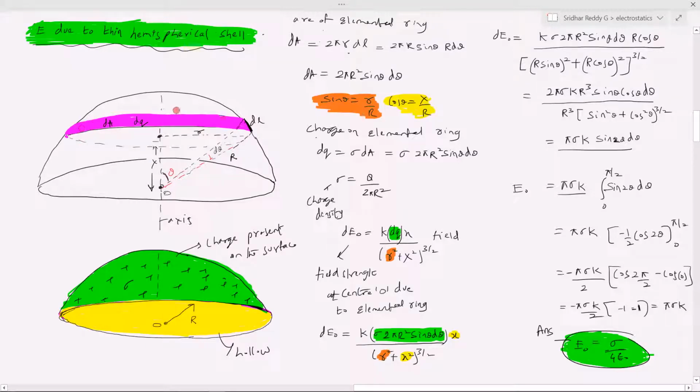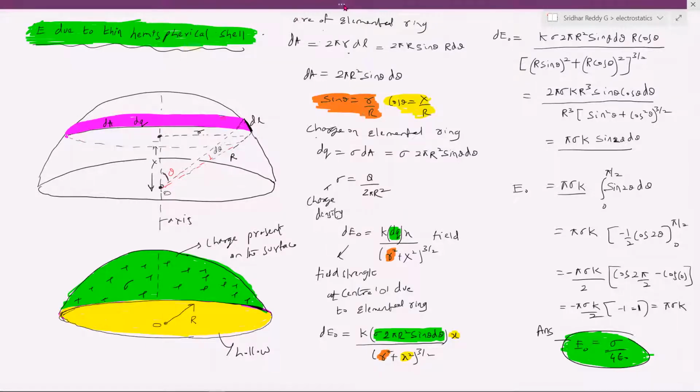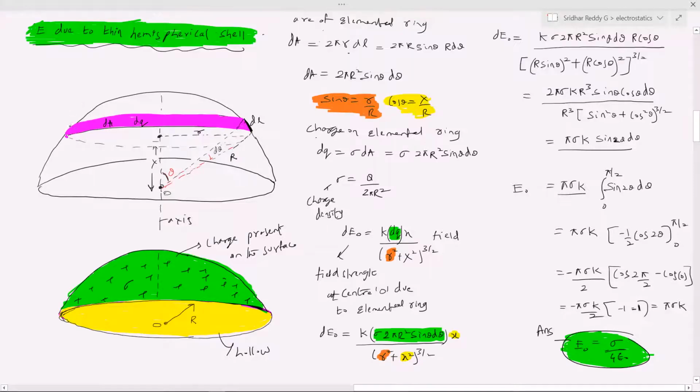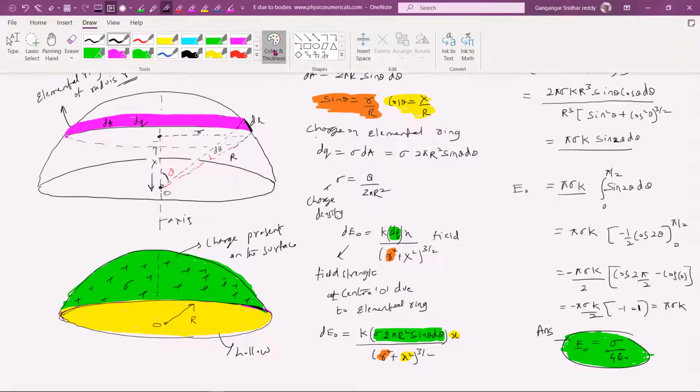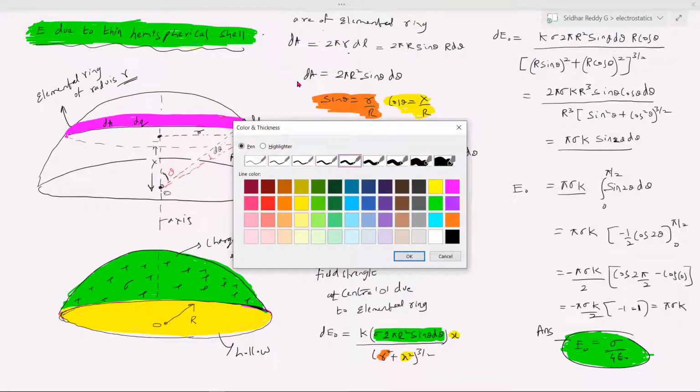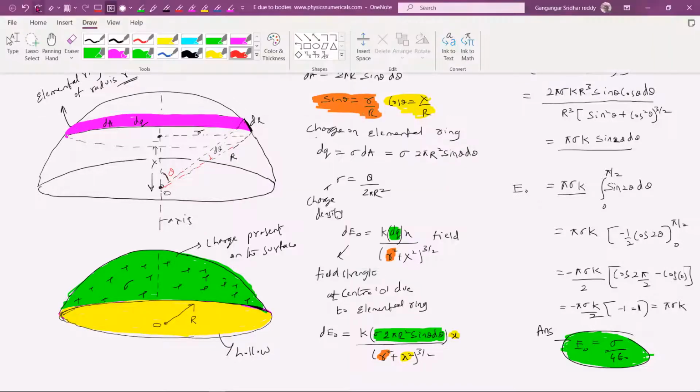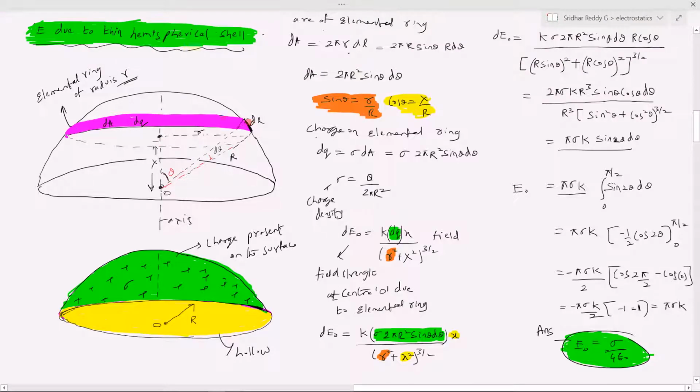What is the method? I'll assume an elemental ring. So this is an elemental ring of radius r. I assumed an elemental ring of radius small r.